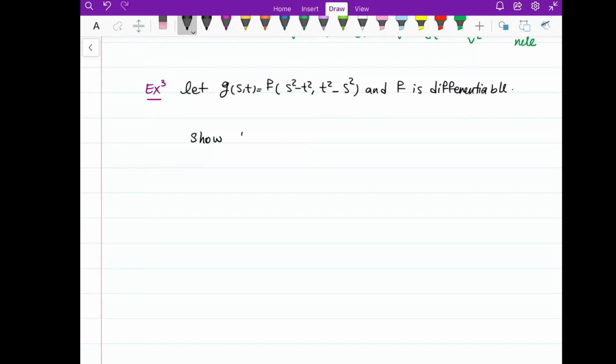Show that t times the derivative of g with respect to s plus s times the derivative of g with respect to t is equal to 0.